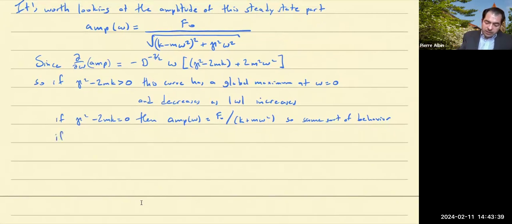And then finally, if gamma squared minus 2mk is negative, then this term is negative. So here we have this curve has a local minimum at omega equal to 0.